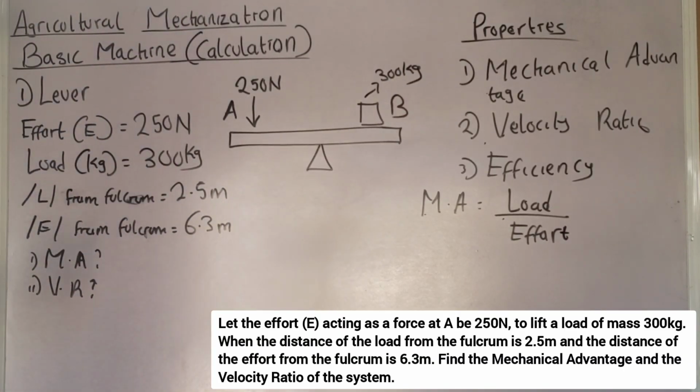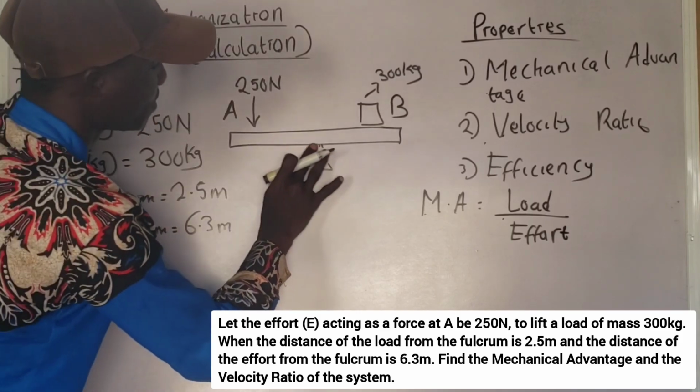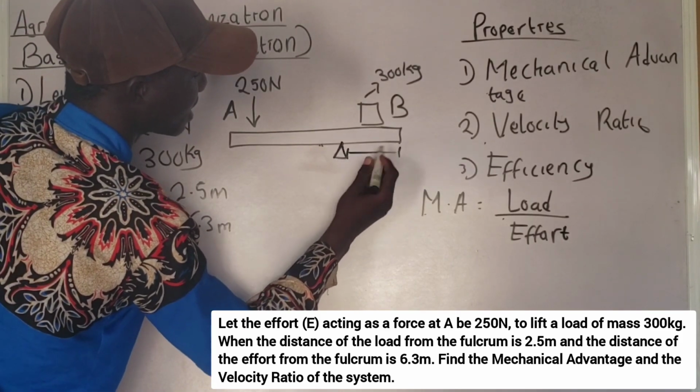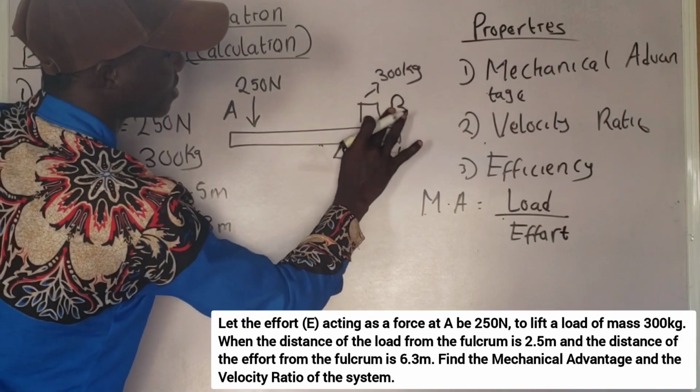I'm just trying to draw the diagram. Okay. Now, when the distance of the load from the fulcrum is 2.5 meter, let us shift this fulcrum to this side, because if this is 2.5 meter, that is the distance from this point to this point, from the load point.